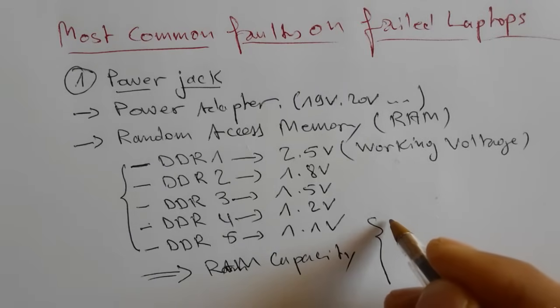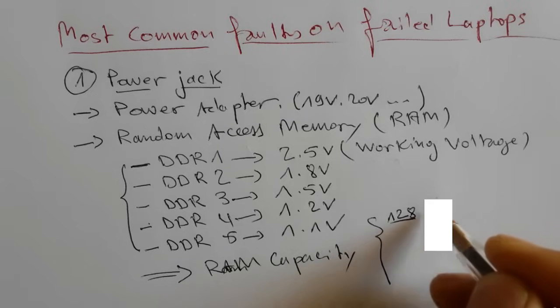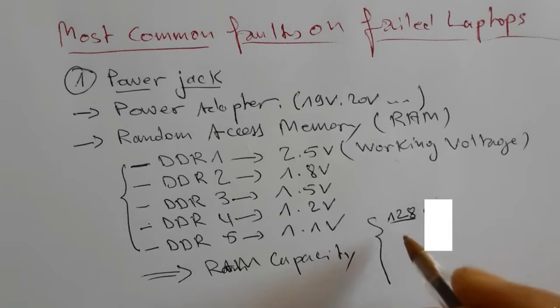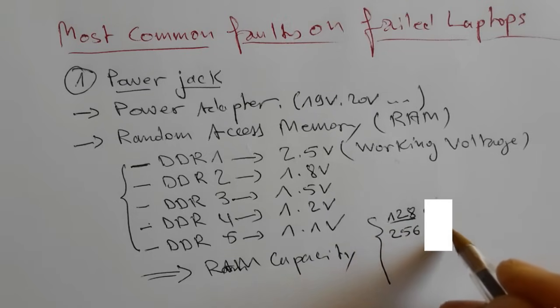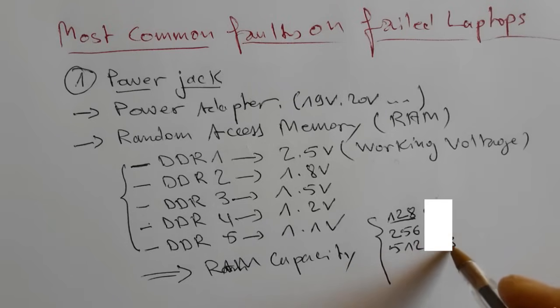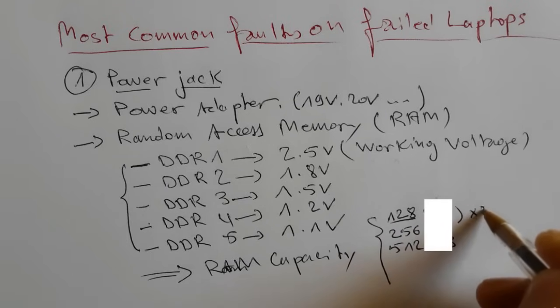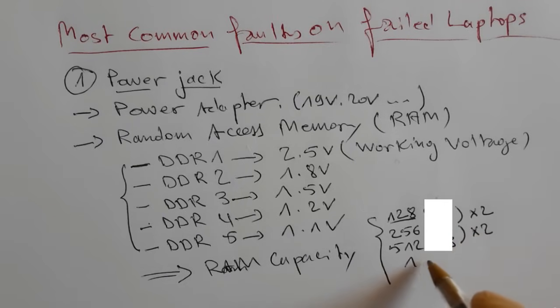Okay, so there is 128 megabytes, 256 megabytes, 512 megabytes, and 1 gigabyte, 2 gigabytes, and 4 gigabytes, and so on.